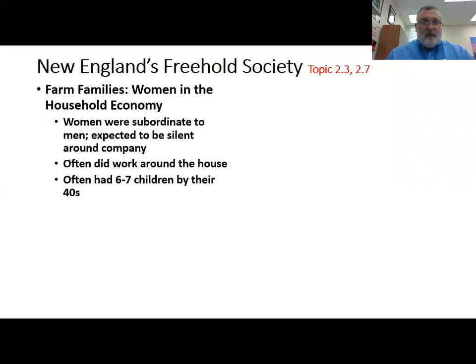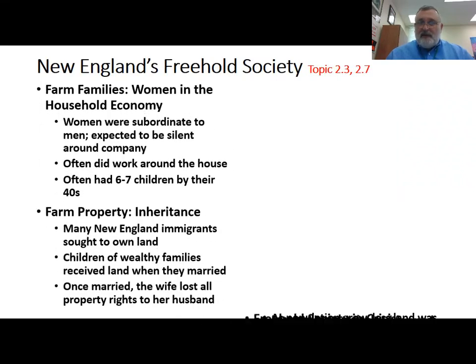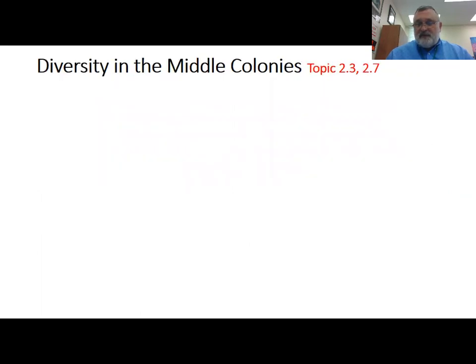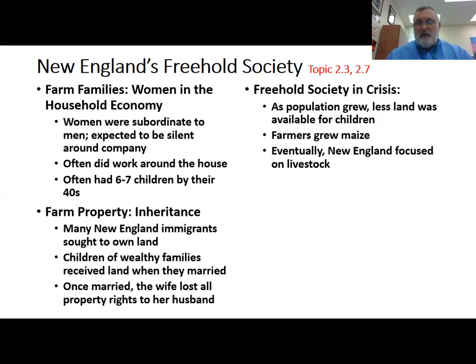Okay. So one of the things that you need to keep in mind about New England, particularly since we're looking at how the colonies were developing, is that in New England, women and men did a lot of work together. Women were subordinate in the sense that they were expected to basically play second fiddle to the man.